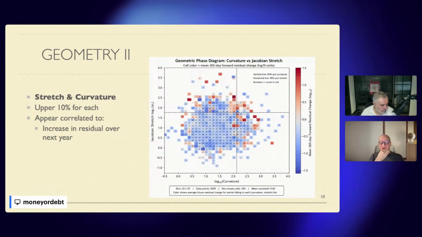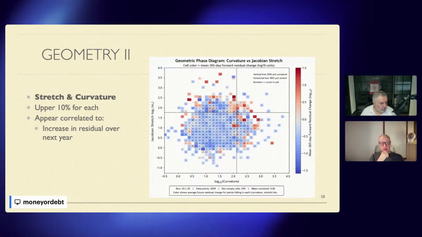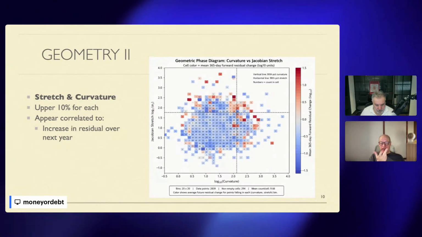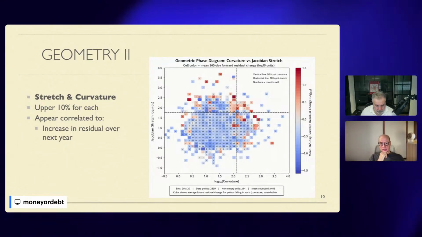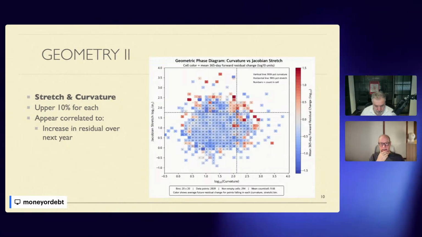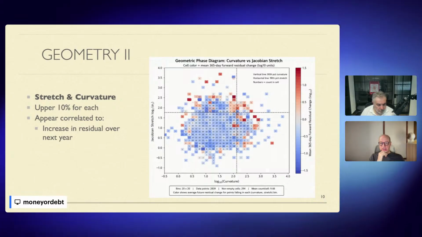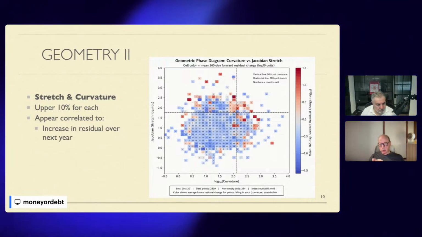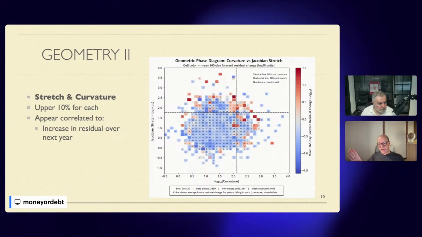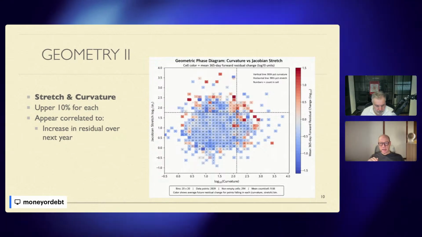Okay, and I'm just giving highlights of basically a couple of slides for the most part from each of these articles to not overwhelm you. But in the second one, we looked at stretch and curve. And here we've got stretch on the y-axis and curve on the x-axis. They're both in log terms, and these dashed lines are at the 90% level. So for example, on the right-hand side, that's only 10% of the high curvature values.